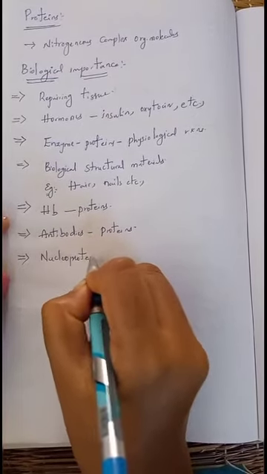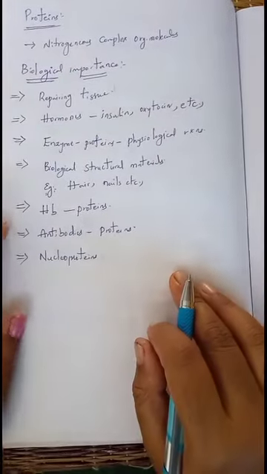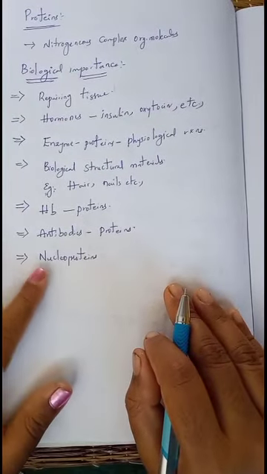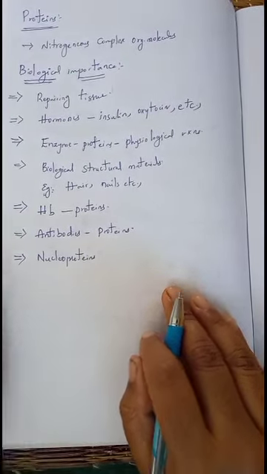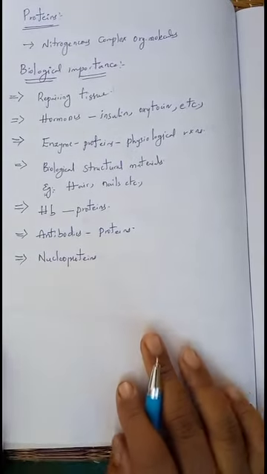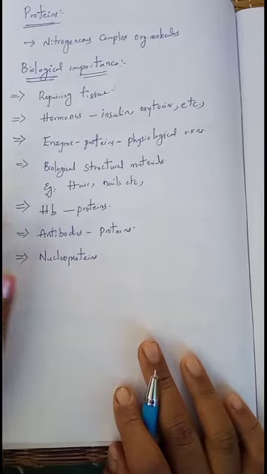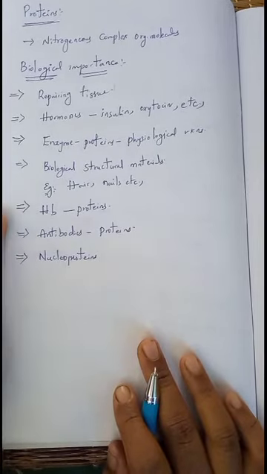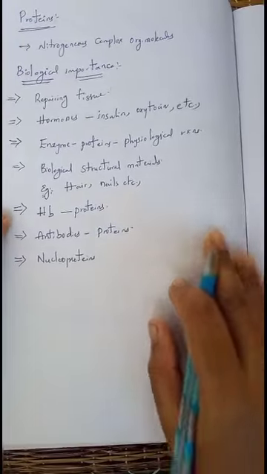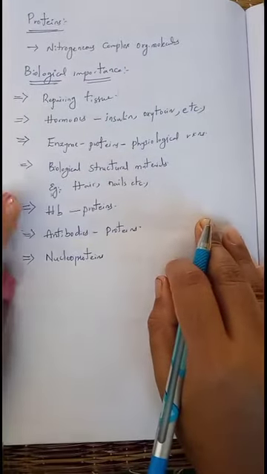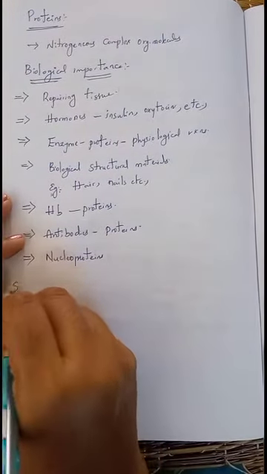Such nucleoproteins can transfer the message from one generation to another generation during cell division. So these are the few important biological importance of these proteins. So because of having all these biological importance, now it's very necessary to study about these proteins. So first we'll see what is the structure of proteins.